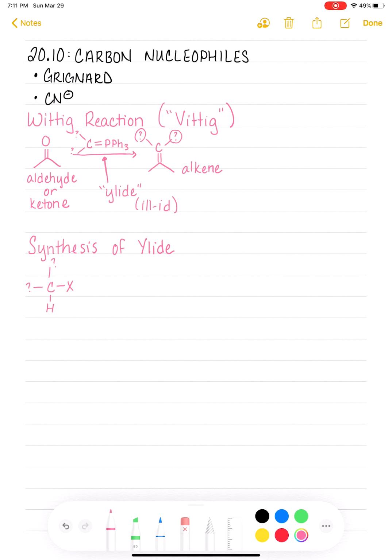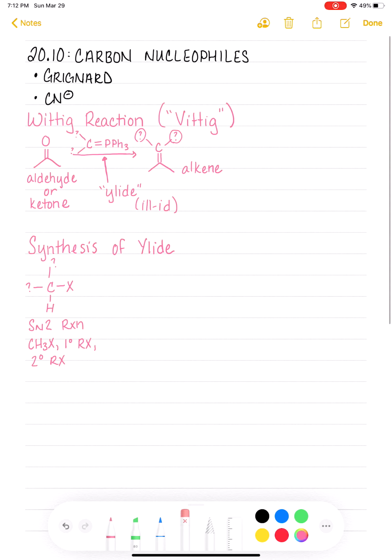That's the whole goal here. This is going to be an SN2 reaction. So we have the same type of rules as we would have for any SN2 reaction. Best case scenario is that we have just a methyl halide, a CH3X. Next best scenario would be a primary alkyl halide with 2 hydrogens on there. And we're okay if we have a secondary alkyl halide, but the reaction is going to slow down quite a bit.